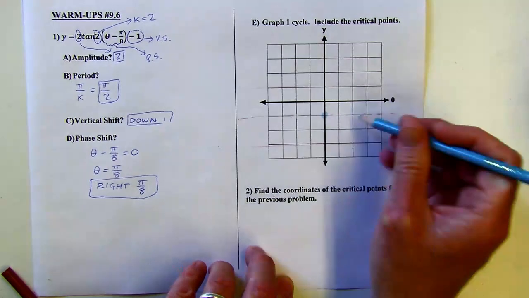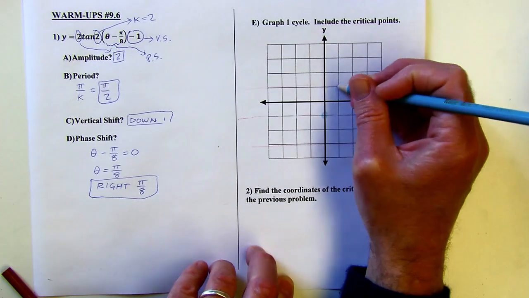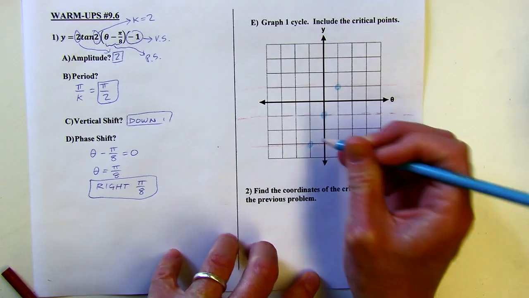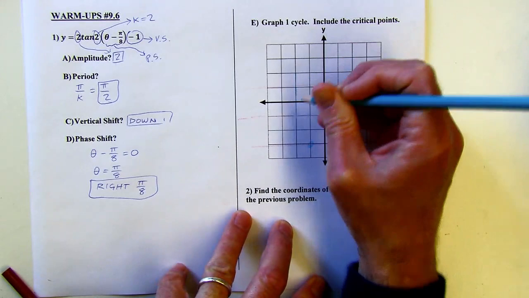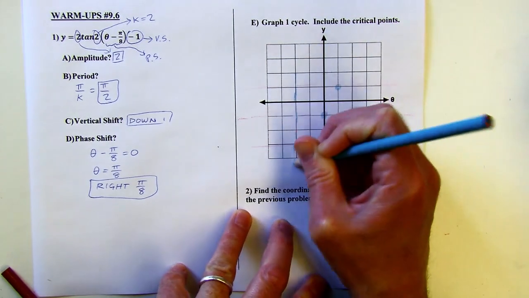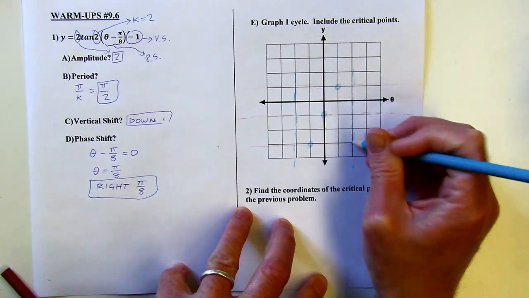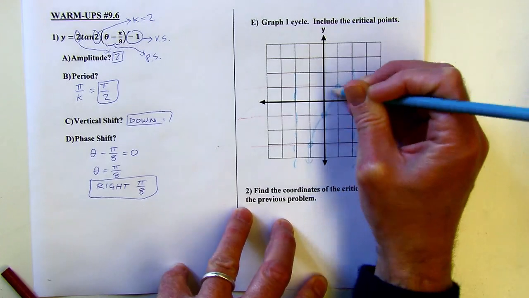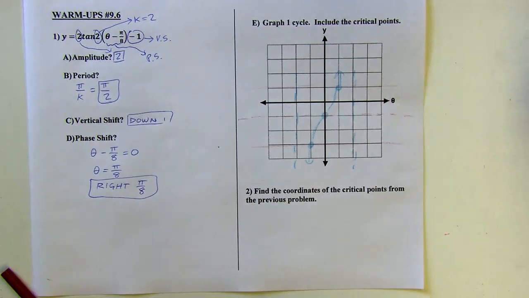Okay, so there is a point, and then I'm going to have a point up there at the top and a point here, and then I'm going to have some asymptotes on either side of this, like this, the next tick over to the left and right, and I'm going to get an S-curve something like this. Okay, so that's what my parent graph looks like.